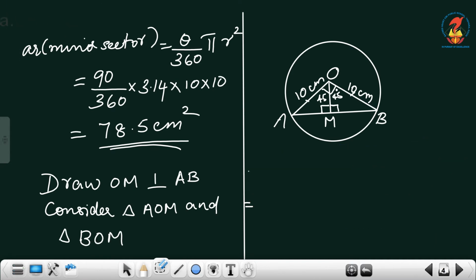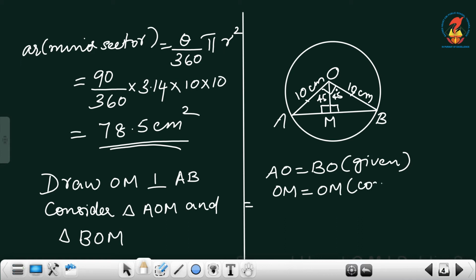Prove the congruence in this. So, AO is equal to BO is given. OM is equal to OM common. And angle AMO is equal to angle BMO is equal to 90 degree by construction.